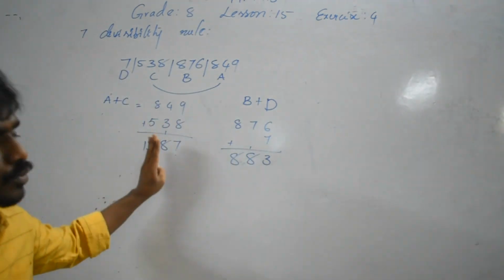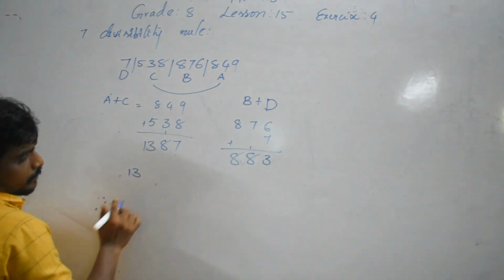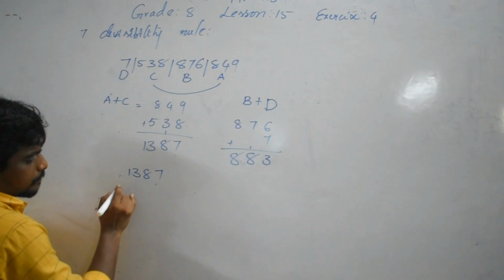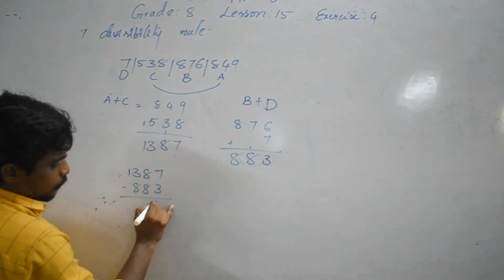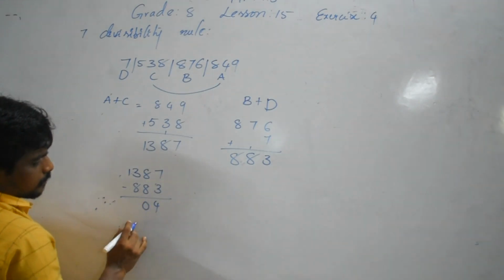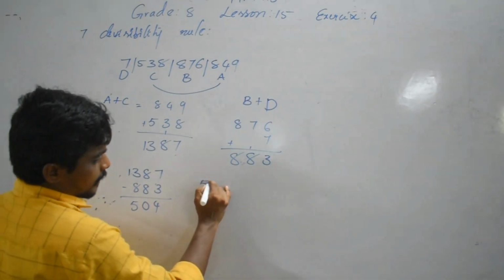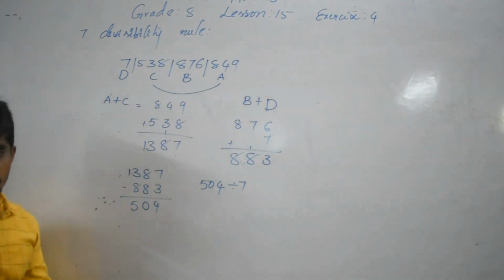Now you subtract these two. 1387 minus 883 is 504. Check whether 504 is divisible by 7.